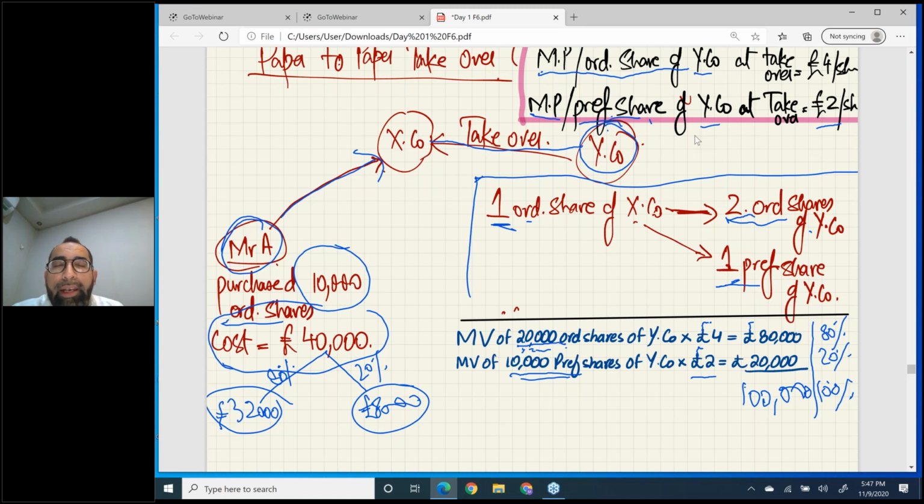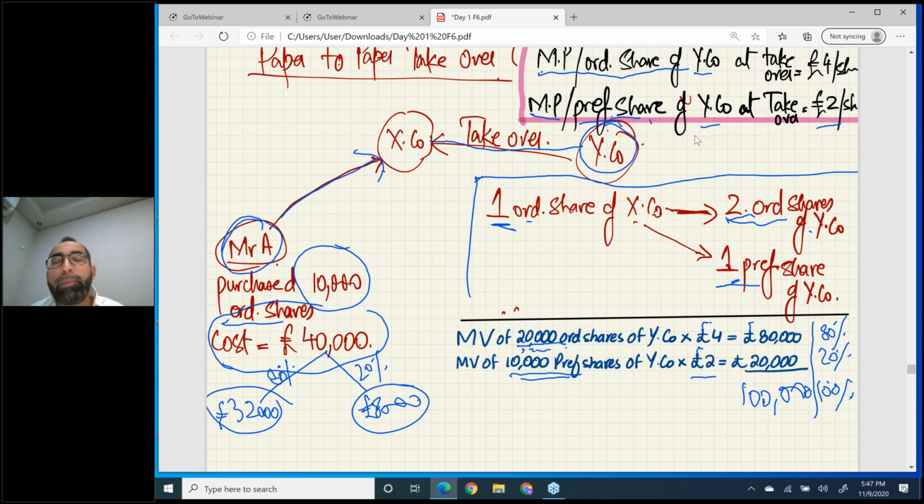Now a normal student can ask one question: Sir, why did you split this cost between ordinary and preference? I said, just think. Maybe next year you have to sell only ordinary shares, or only preference shares. When in future you sell ordinary or preference separately, you must need a separate cost.